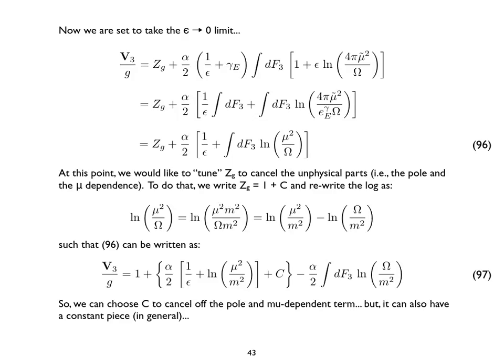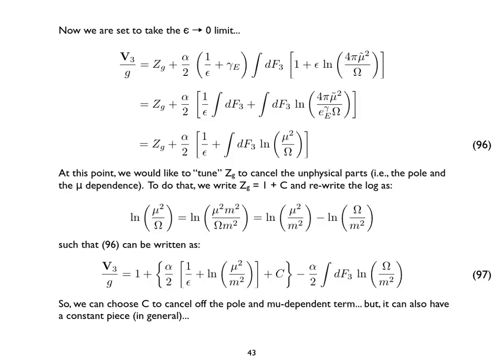Okay. So we can take the epsilon goes to 0 limit, or the d goes to 6 limit, and expand everything like we did last time. This time, the actual integral for the pole is really easy. It's just 1. And the other stuff we don't want to worry about.